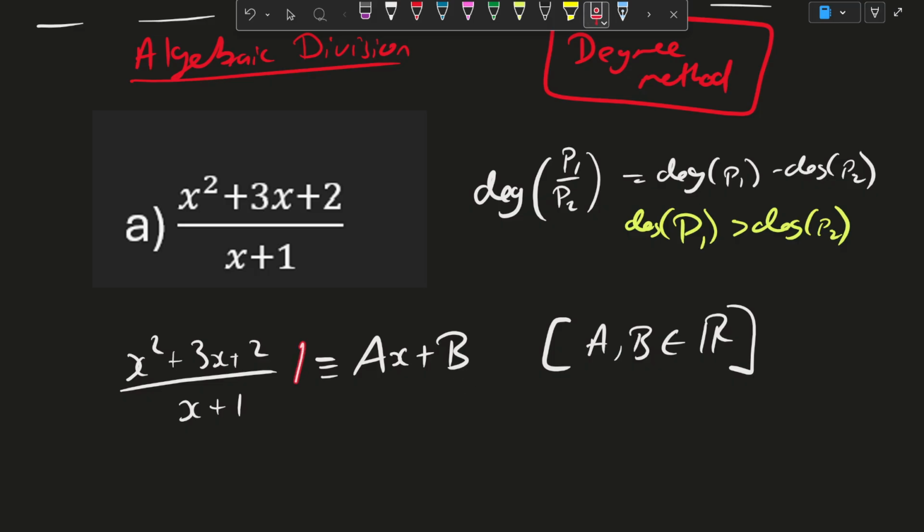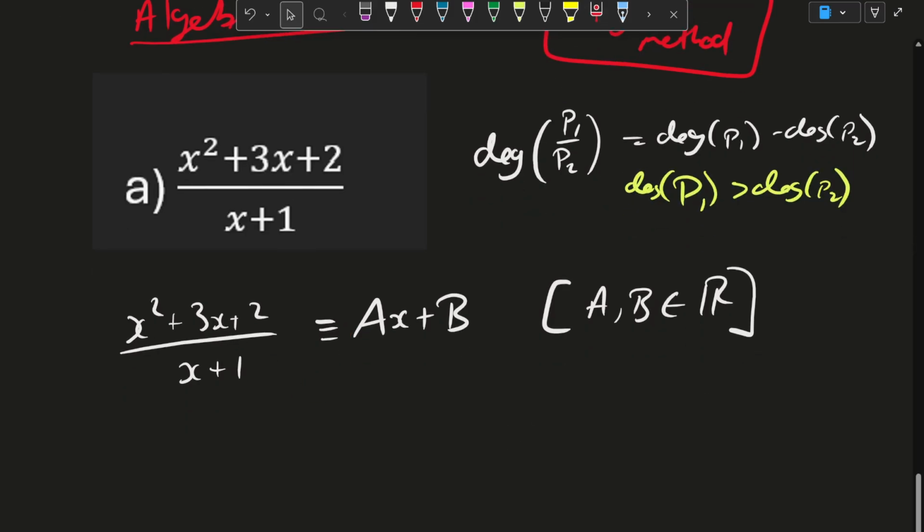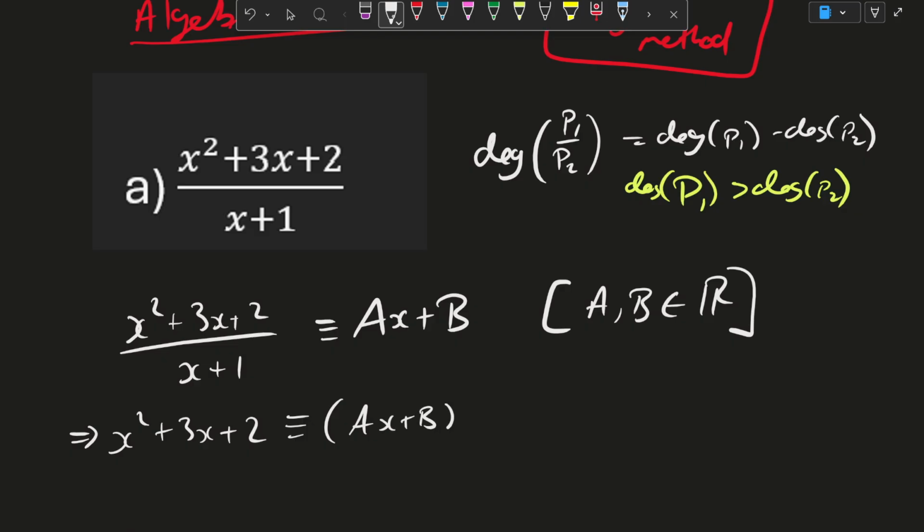We will get to why I'm using this triple stacked equals once we get to algebraic identities. So I'm going to not expand, but multiply the x plus 1 over. So we get ax plus b multiplied by x plus 1.